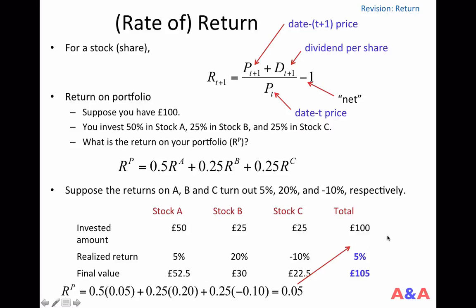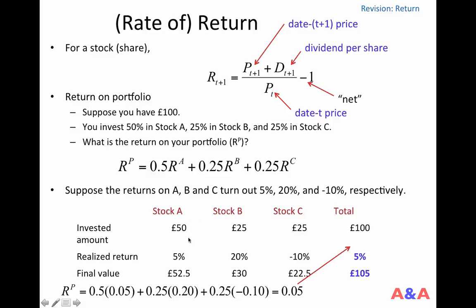Now, you started with £100 and invested £50, £25, and £25 in stocks A, B, and C. The realized returns are 5%, 20%, and minus 10% respectively. So, for stock A, for example, now the total value is £52.5.